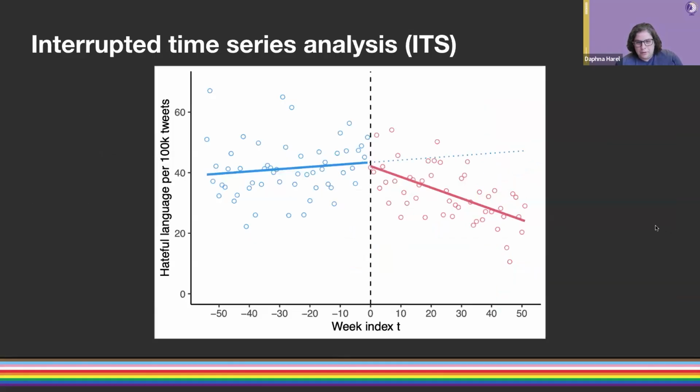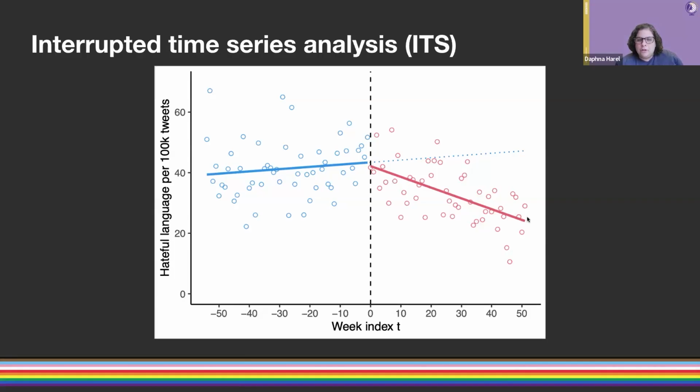And well, this is what we found. Without too much statistics, you can see that each dot here represents an incidence of hateful language per 100,000 tweets in a given week. And there's some sort of trend that's happening until week 0. This is in July 2013, when the new policy was introduced.